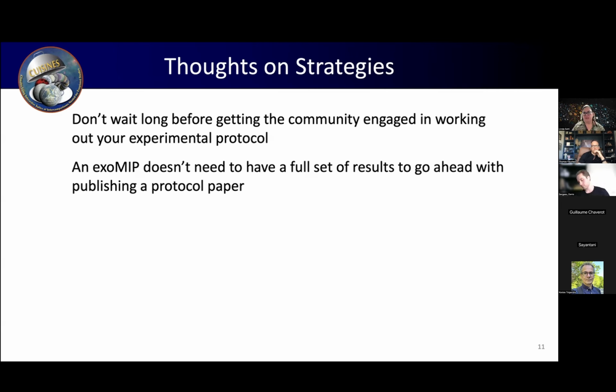I think it was partly because the editor had not tipped them off in advance that this was not meant to be a science result paper. But again, I don't think that you need to have a full set of results to get something published. And the Planetary Science Journal is used to us by now. And I think they will understand if what you're presenting in your paper is the concept for moving forward.